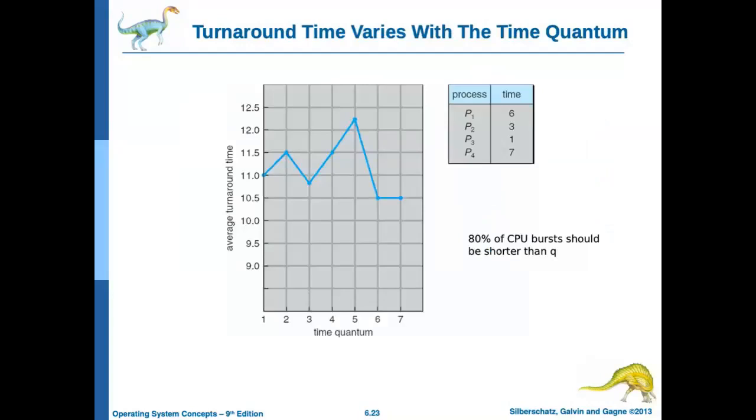Next, let us see time quantum versus average turnaround time. There is definitely an effect of the length of the time quantum on turnaround time also. For example, if you see here, the processes P1, P2, P3, P4 with CPU burst times as 6, 3, 1, and 7.